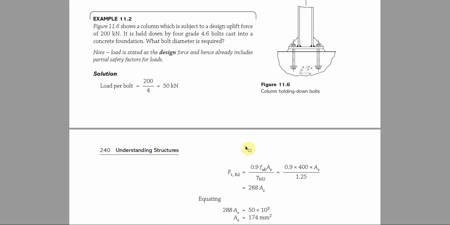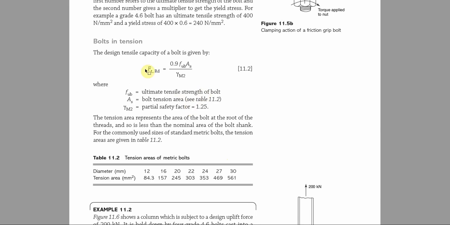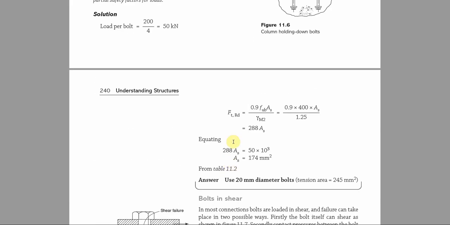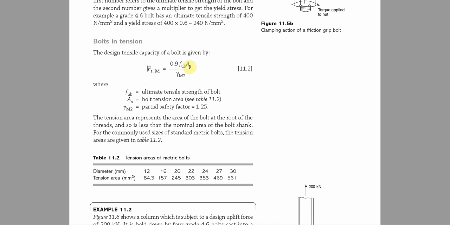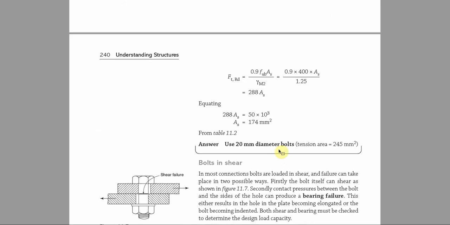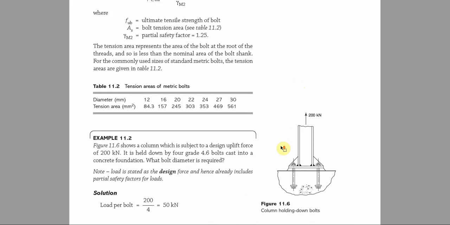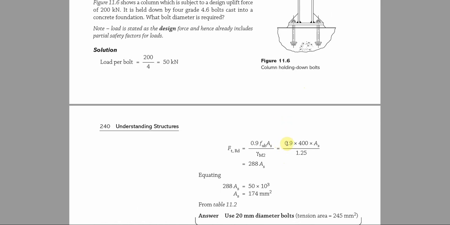Then the next thing is we calculate our design tensile capacity. Mind you, the formula for design tensile capacity, as we said earlier, is 0.9 f_ub A_s over gamma M2, where f_ub is the ultimate tensile strength. So using that formula, we put the values in: 0.9 times this times A_s over 1.25, which will give us 288 A_s.